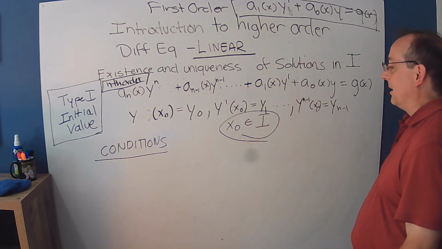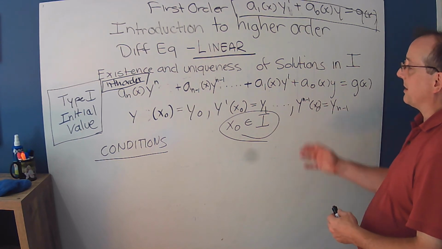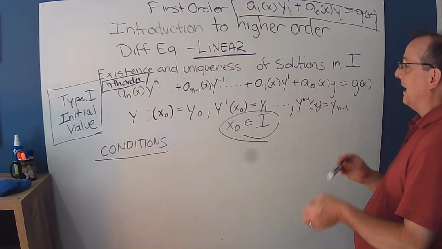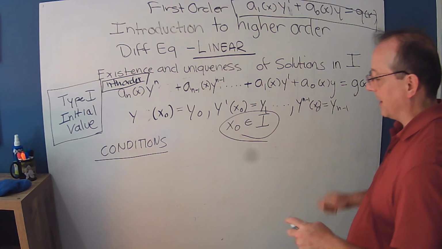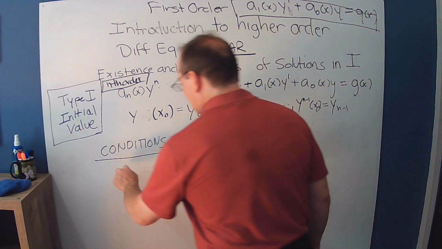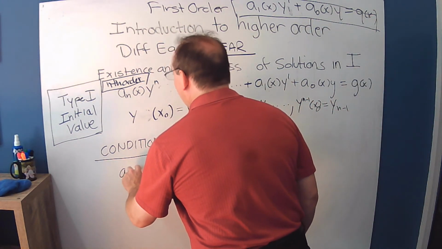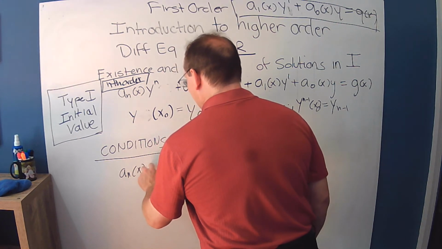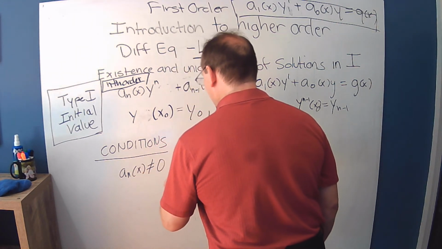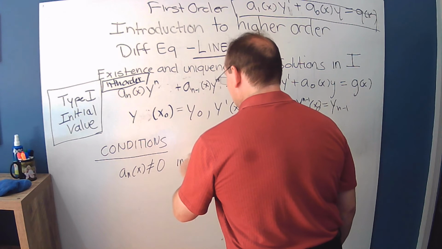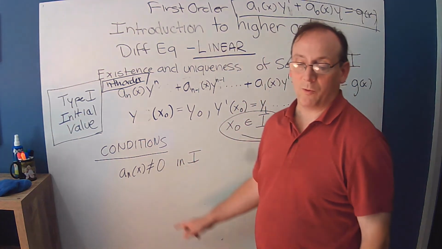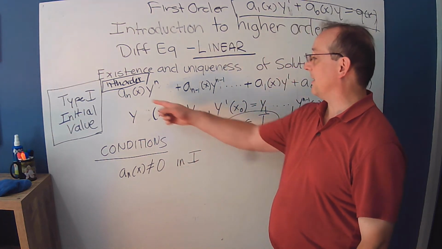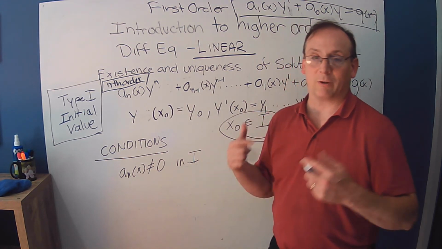So what are the conditions for this to have a solution and a unique solution? First of all, we need a_n(x) not to equal 0 in I. If this is 0 somewhere in I, then we're going to be out of luck.